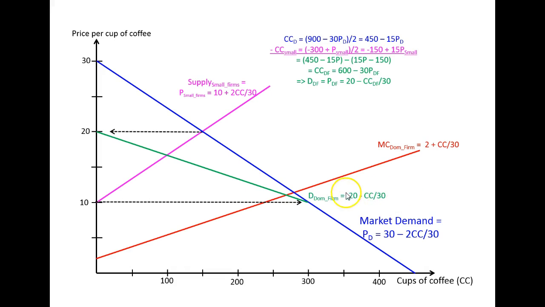We know that the marginal revenue is always twice as steep as the inverted demand function. So if the demand function is 20 minus 1 cc divided by 30, then the marginal revenue has to be 20 minus 2 times cc divided by 30. So it looks like that.